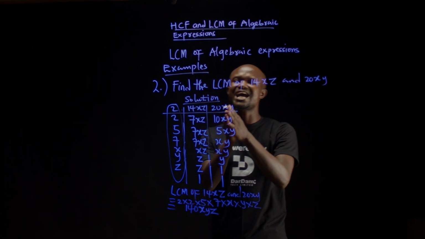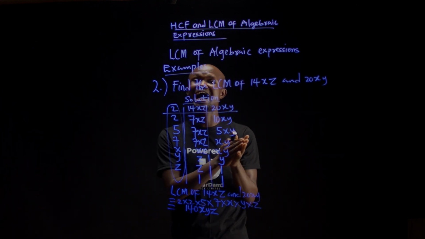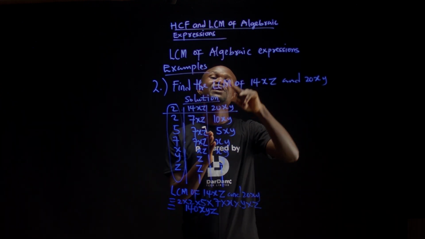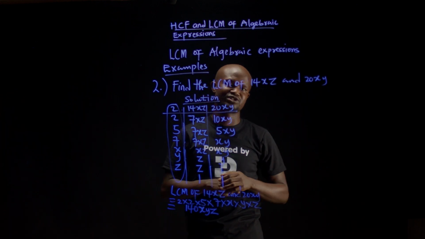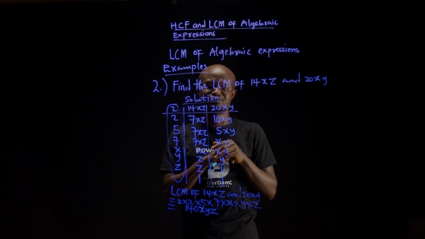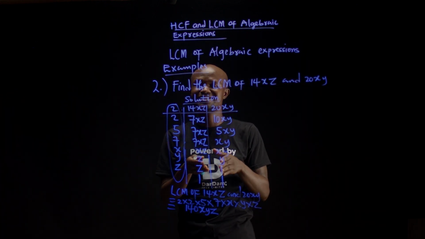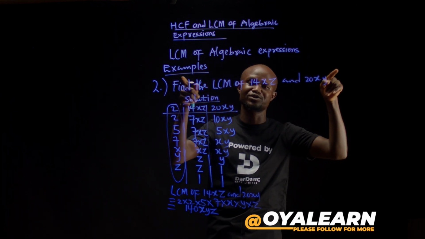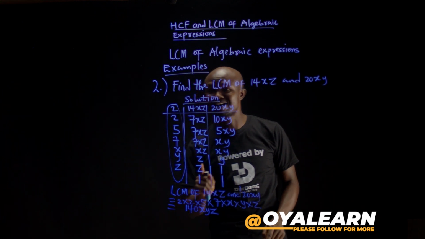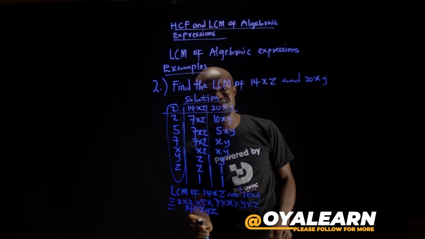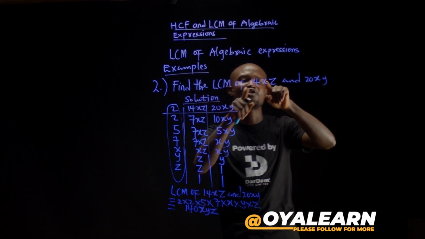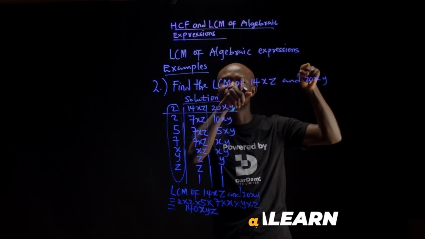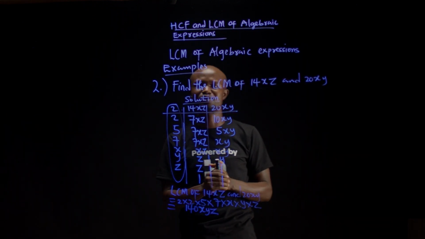But for HCF, the answer you are going to have is going to be a factor of the original expression given. While for LCM, the answer you are going to have is going to be a multiple of the original expressions you are given from the question.